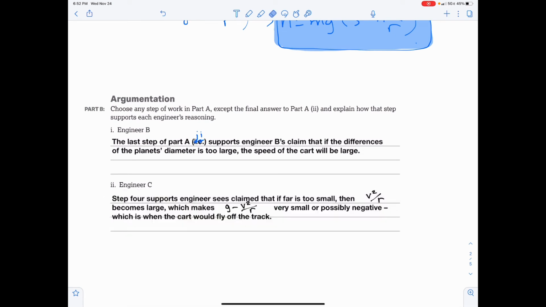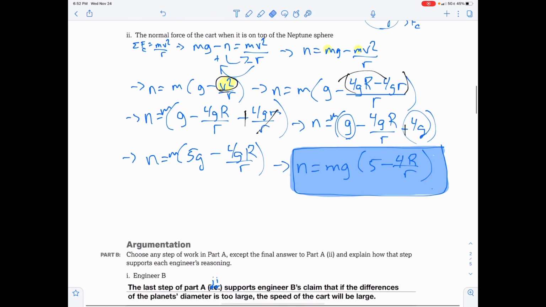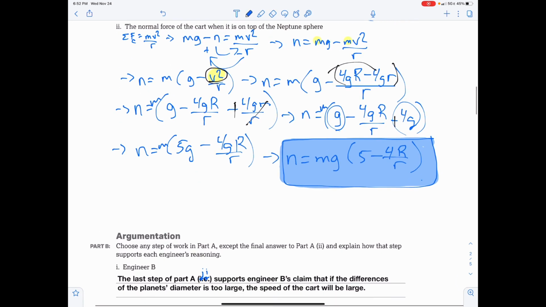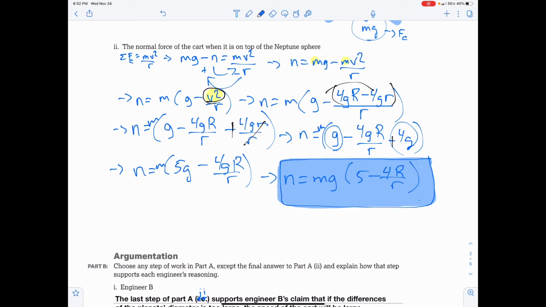Step 4 supports engineers' claim that, let me see, this part right here, we can stop right there.